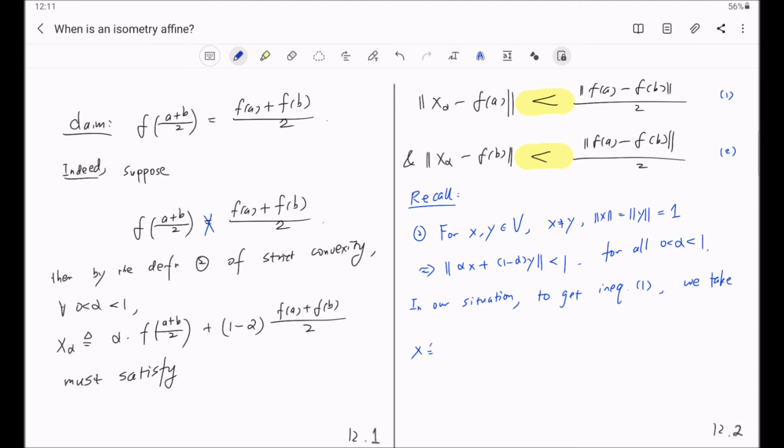x to be f of (a plus b divided by 2) minus f of a, divided by its norm. The norm of this guy will be equal to this due to the fact that f is an isometry. Actually, the denominator will be same as the norm of a minus b divided by 2.